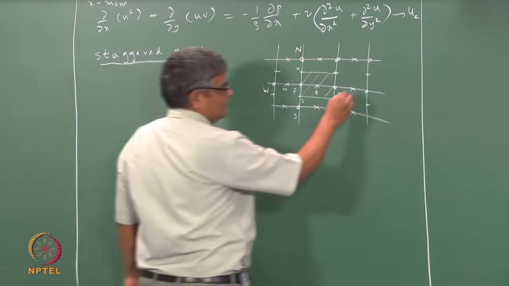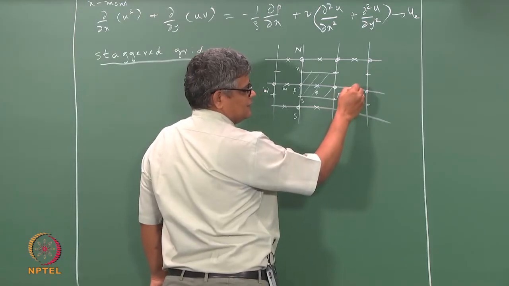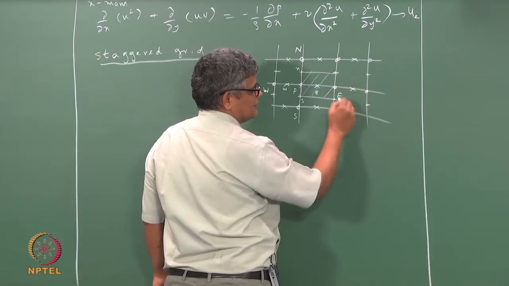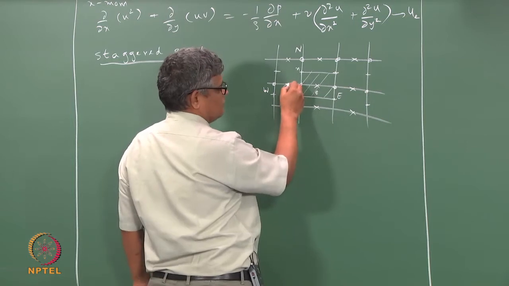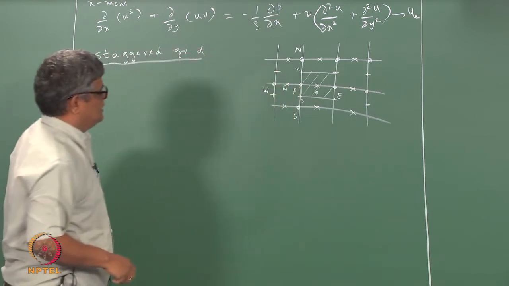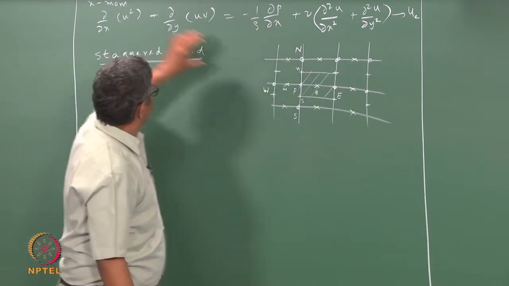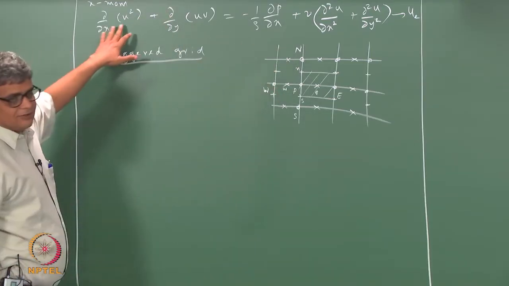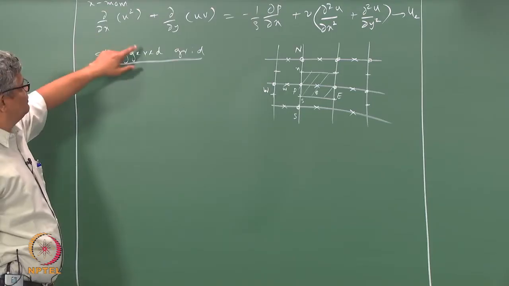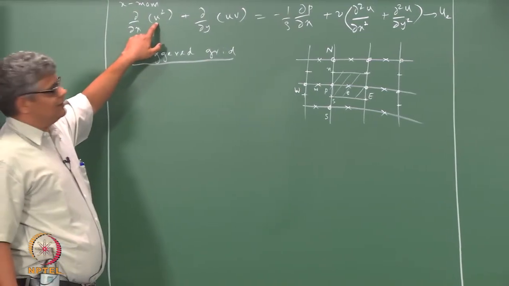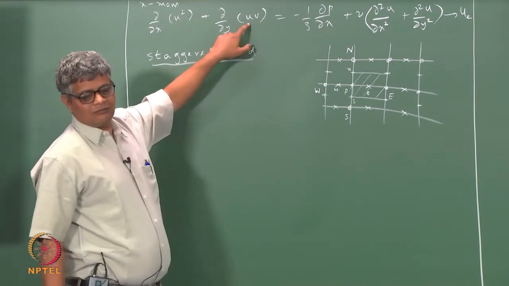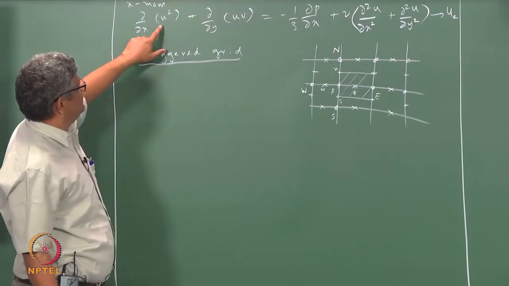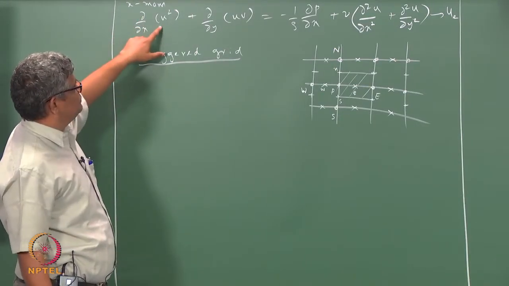Similarly, we discretize over this volume to get an equation for this, and this volume to get an equation for this. Now, we are trying to integrate this equation, and in this equation we have nonlinearity and we have coupling. What we mean by nonlinearity is that we have ∂/∂x of u².